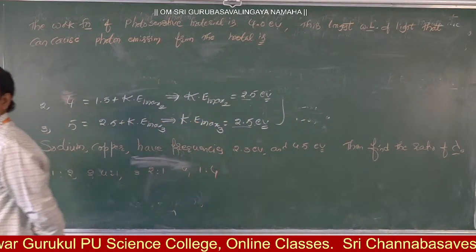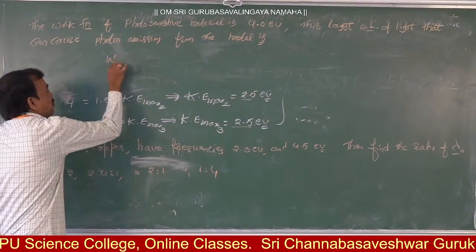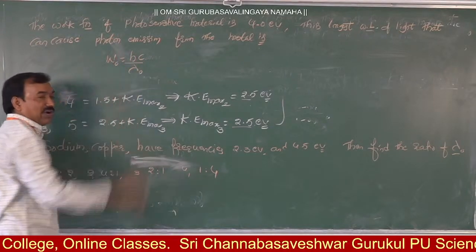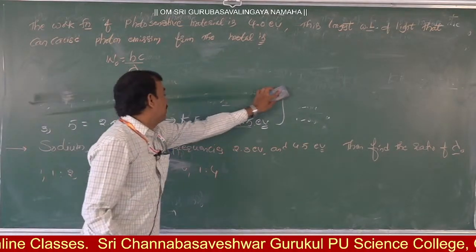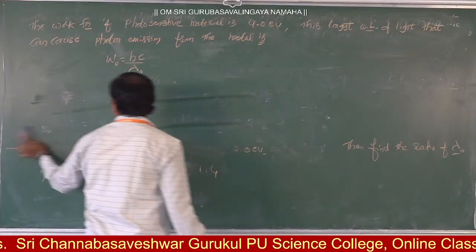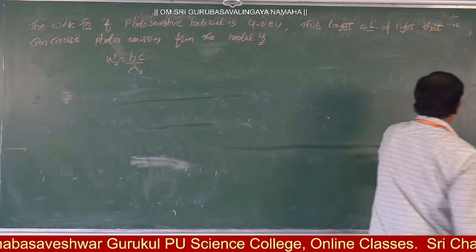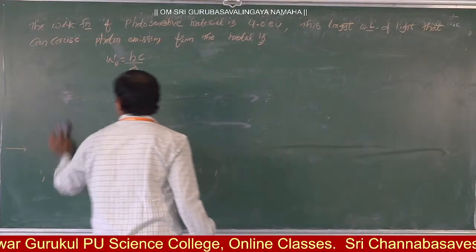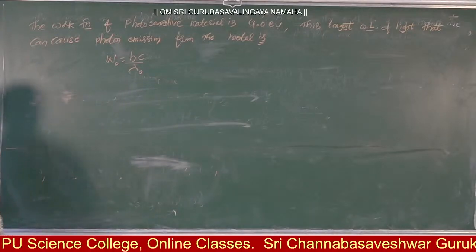Work function is given, so what is the value? W naught is equal to h nu naught, or equal to hc by lambda naught. Shall we do the remaining solution here? So W naught is equal to hc by lambda naught.